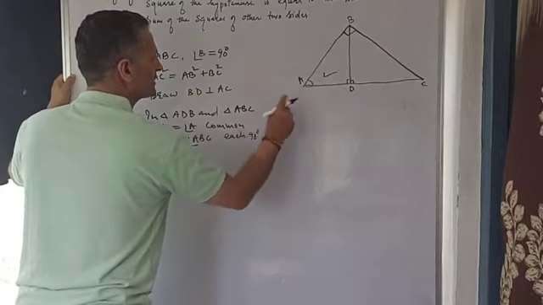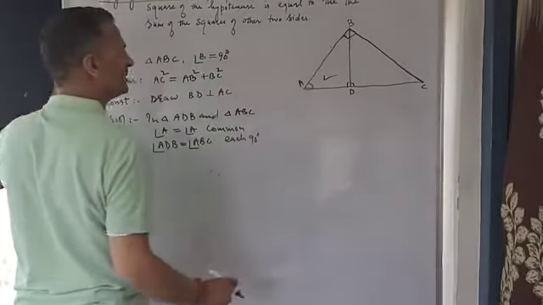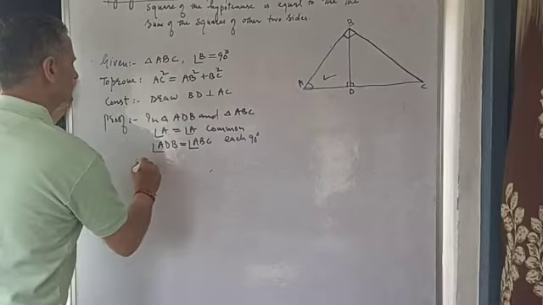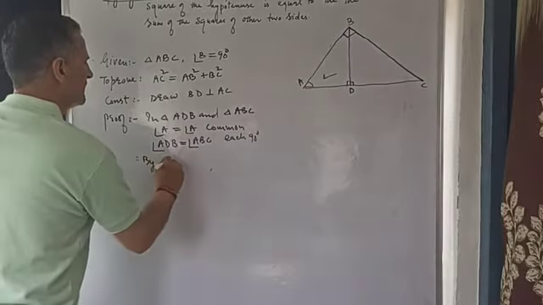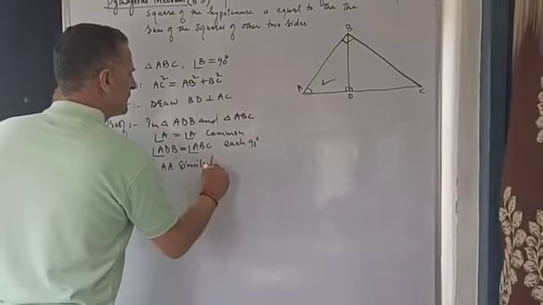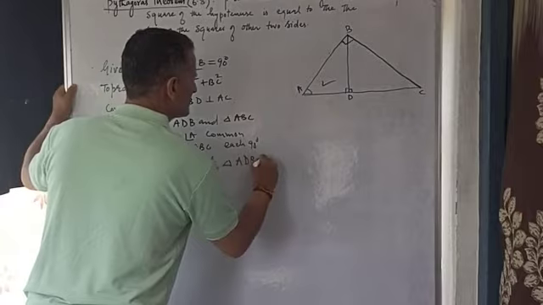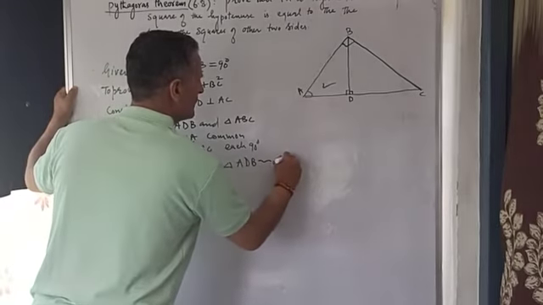You see, by construction we have made ADB 90 degrees. ABC, it is given, it is 90. Therefore by angle similarity, triangle ADB is similar to triangle ABC.